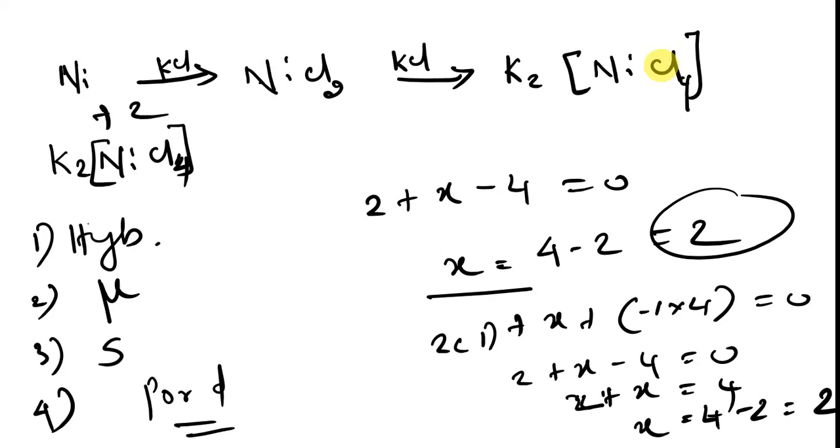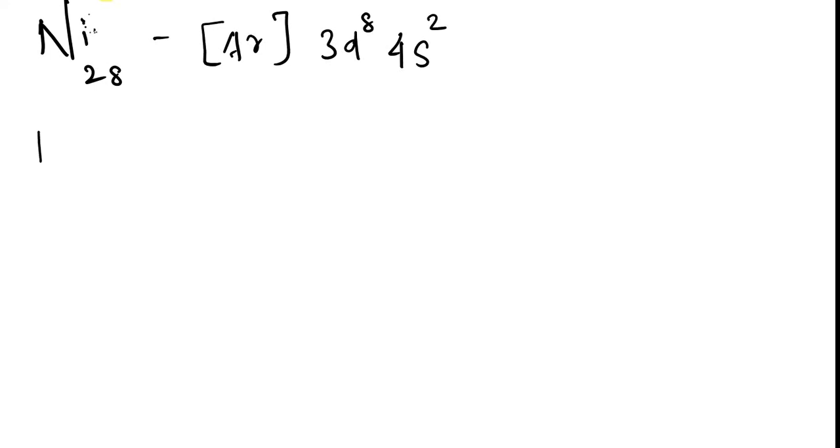So let us write the electronic configuration of nickel. The atomic number is 28, so the electronic configuration will be argon 18, with the remaining 10 electrons: 4s2, 3d8. When it is in the nickel 2 plus form, the electronic configuration is 3d8 only.